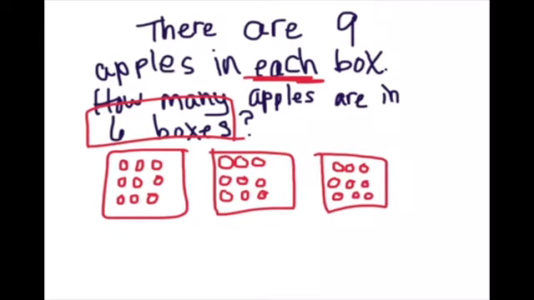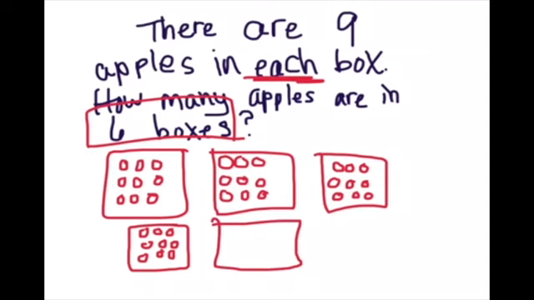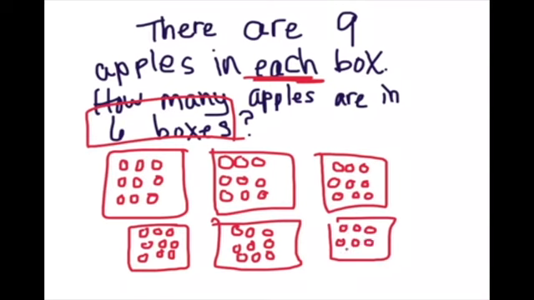Alright, so I have to draw another box. And I'm going to make sure there are 9 apples in that box. That's box number 4. This is box number 5 with the 9 apples. And this is going to be the last box with 9 apples in that one.